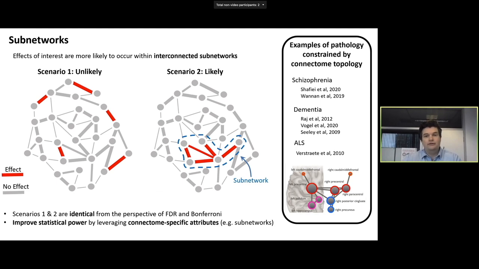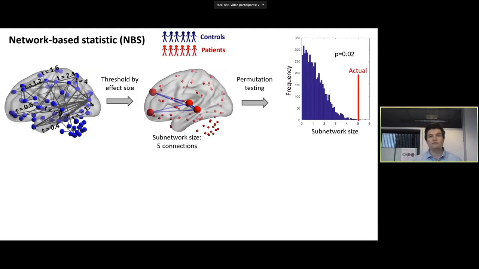But there have been methods developed that leverage these connectome-specific attributes, this subnetwork-like behavior, to improve statistical power. One of those approaches is the network-based statistic, the NBS, and this involves the same process of testing our statistical hypothesis at every edge, and then we threshold those edges. So we only keep the edges that are above a minimum effect size.